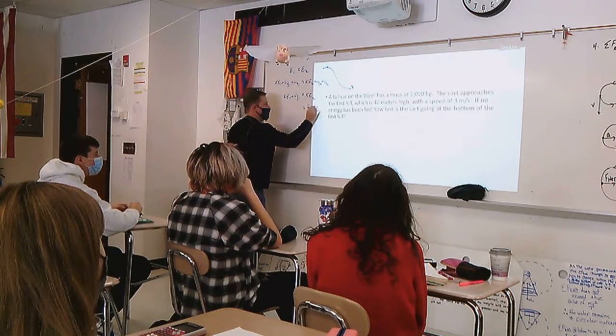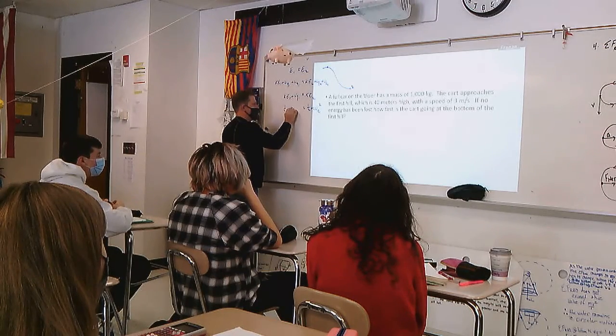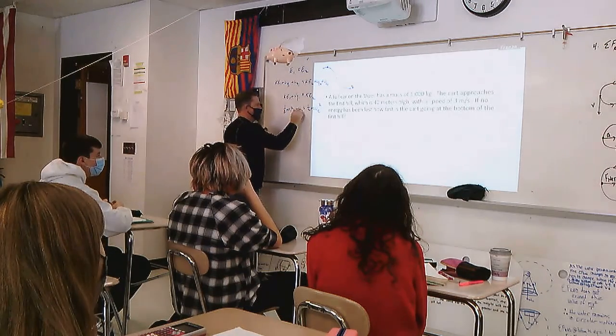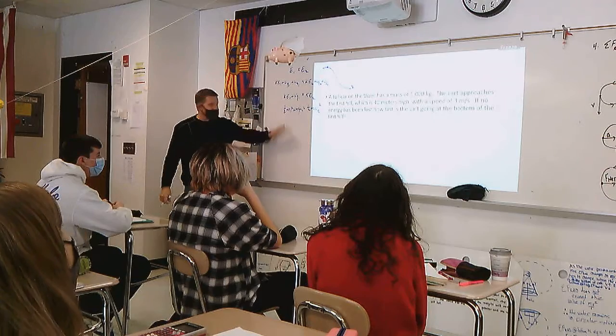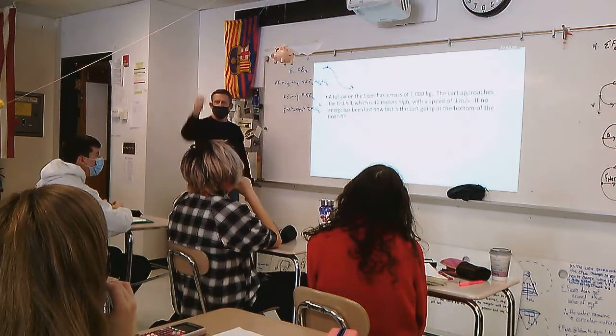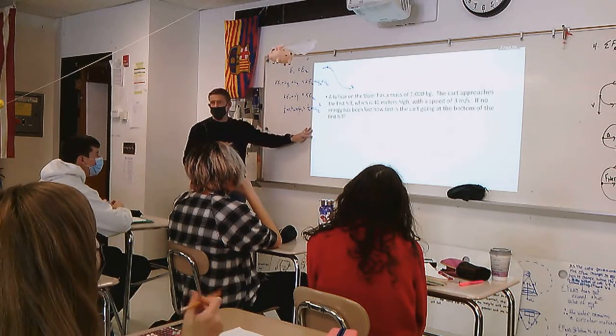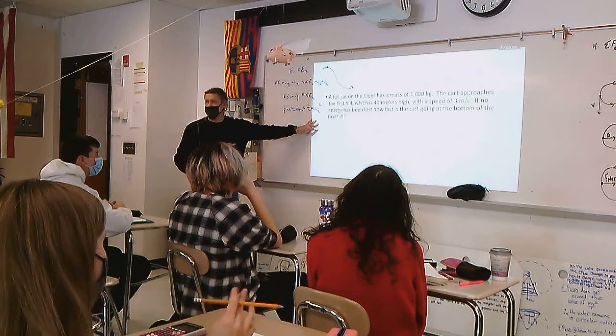1/2 mv1 squared plus m times g times h1 equals 1/2 mv2 squared. Now, what helps our math here? Well, let's clean this thing up a little bit. Right? Birthday girl? Yeah, get rid of the m because there's an m in every single term.